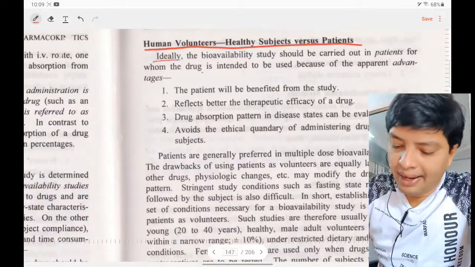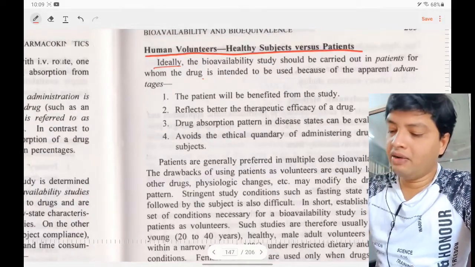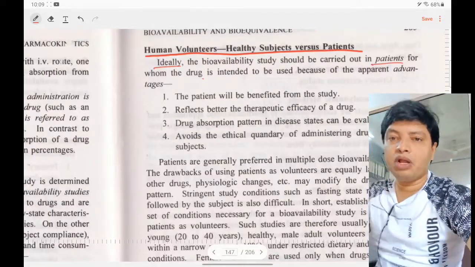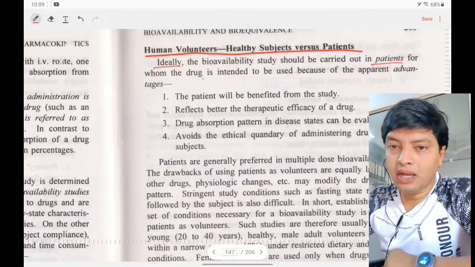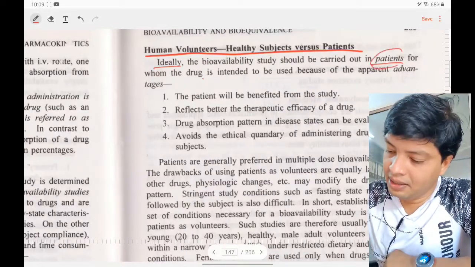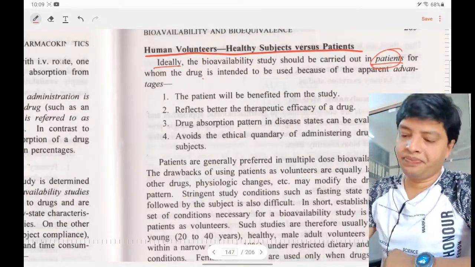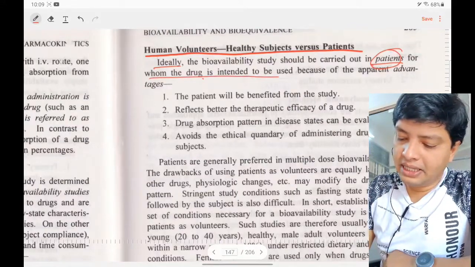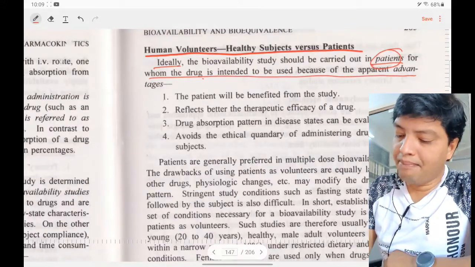Ideally, bioavailability studies should be carried out in patients for whom the drug is intended to be used, because of apparent advantages.